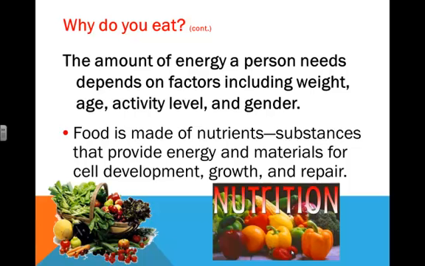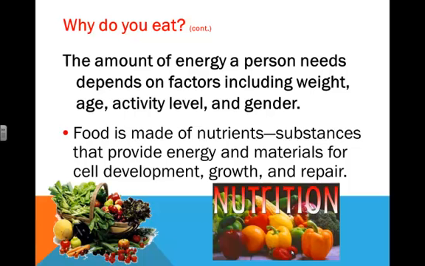Now remember, one of the main energy sources in our cells. What was our cell part that had to do with energy? The powerhouse, the mitochondria.